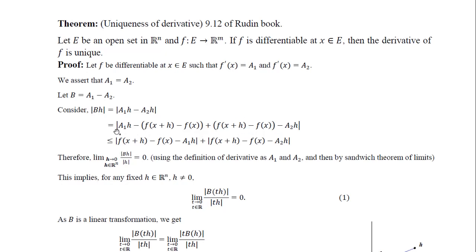Because in this norm we have this full bracket plus this full bracket, we apply the fourth axiom of norm, which is similar to the triangle inequality: the norm of this full plus this full is less than or equal to the norm of these individuals added up.